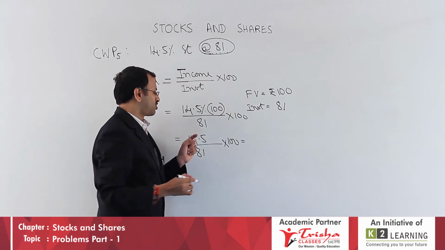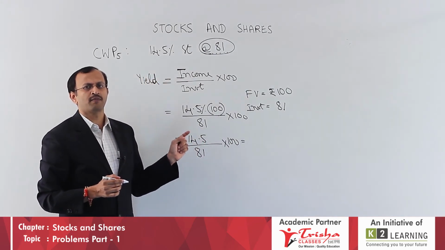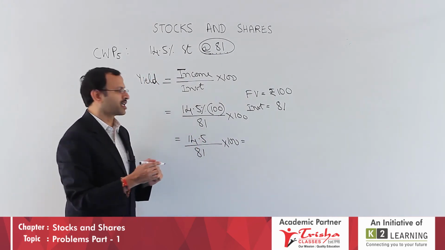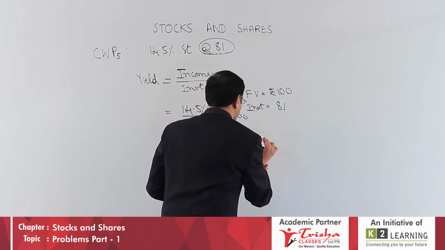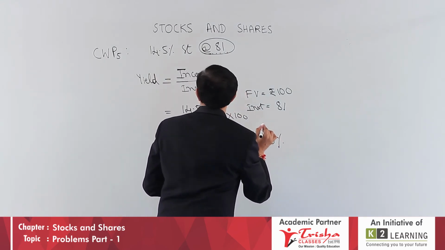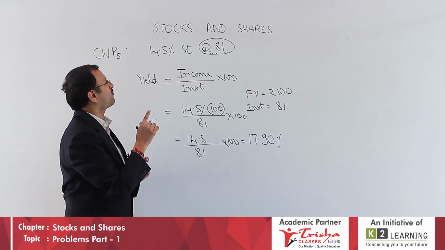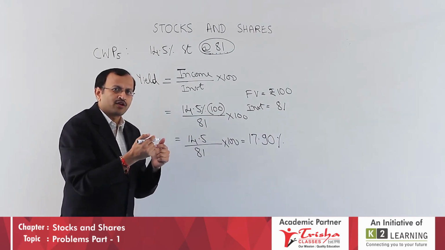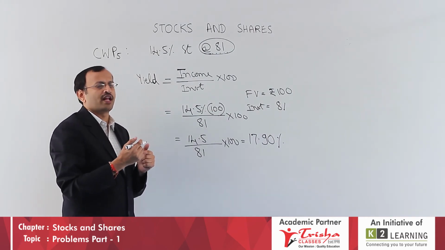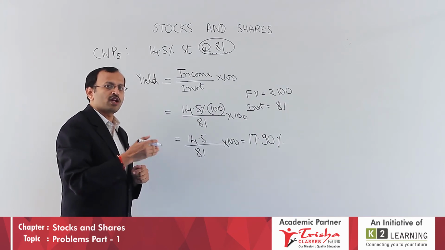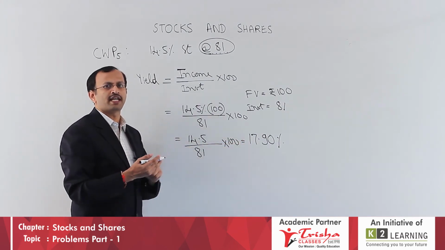Use the calculator, what is 14.5 by 81 into 100? It results into 17.90%. If you go for a 14.5% stock and buy at a price lesser than face value, at 81, your overall yield comes to almost 18%.